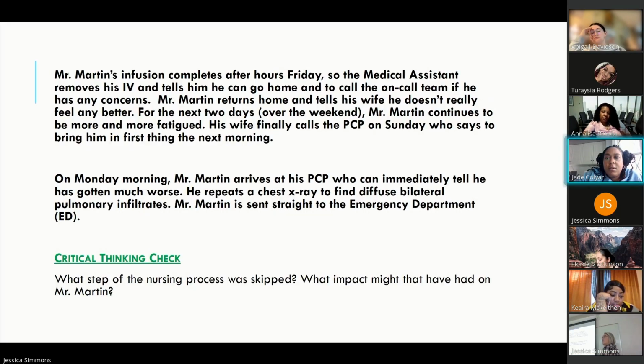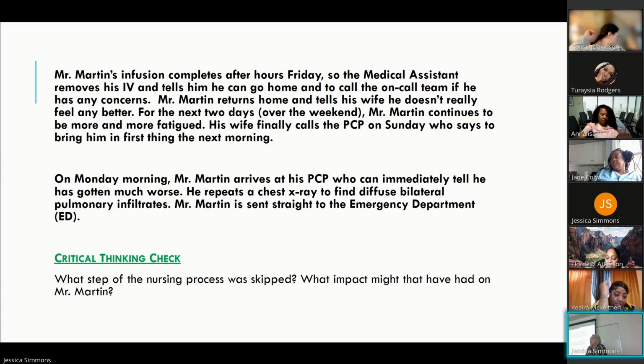I believe that the step that was missed was evaluation. They implemented plans and then never followed up to see if he was okay. Because when we get to that evaluation step, we see that whatever we implemented didn't work. That's when you go back and plan better, implement different things.